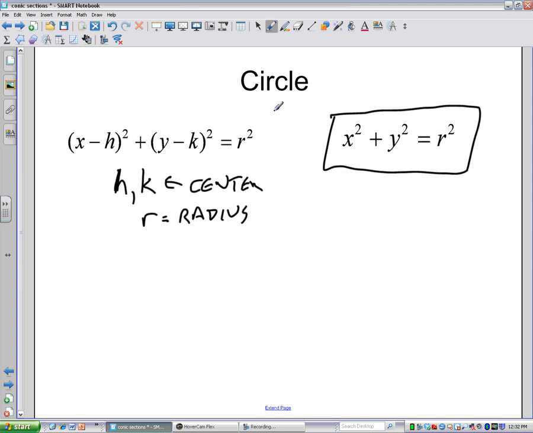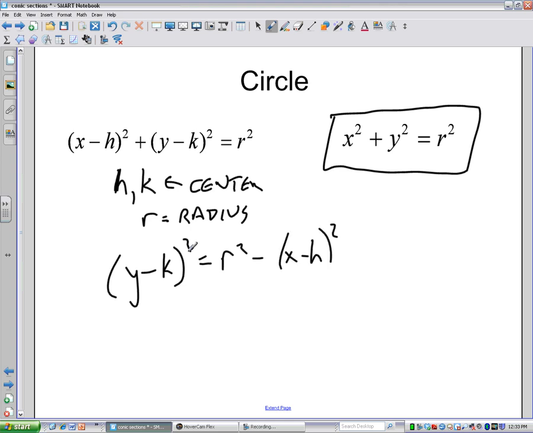As you're working on your projects with conic sections, you're going to need to be able to put this into a y equals form in your calculator. So we'll walk through how to do that on this one, and we leave the others up to you as we move forward. If I take (x minus h) squared plus (y minus k) squared equals r squared, to solve it for y, I'm going to first get rid of the (x minus h) squared. So I'm going to have (y minus k) squared equals r squared minus (x minus h) squared.